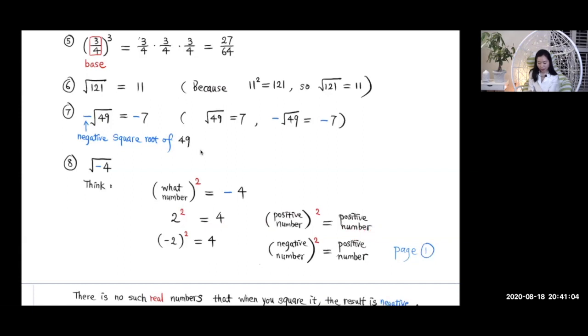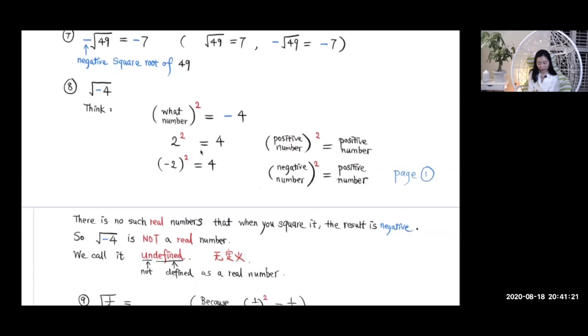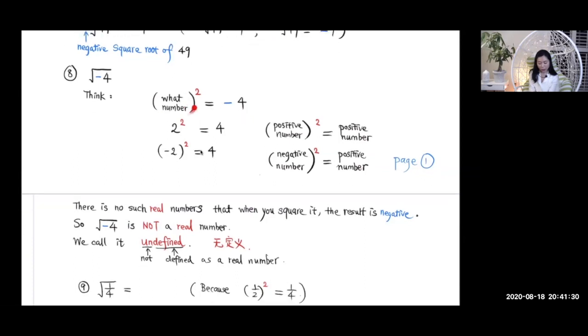And when you square a negative number like negative 2, the result is a positive number again. No matter what real number you square, the result is never going to be negative. So there's no such real number that, when squared, equals negative 4.